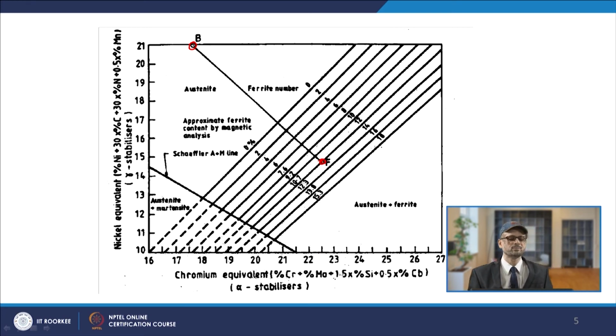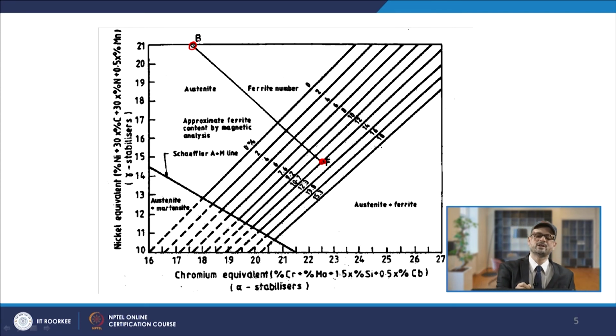Now, what you see are the ferrite numbers, which talk about 0%, 2%, 4% up to 18% of ferrite. The ferrite number is represented by this line, and you have this point here. So we are getting this 10.7, and this 10.7 is the maximum ferrite available.